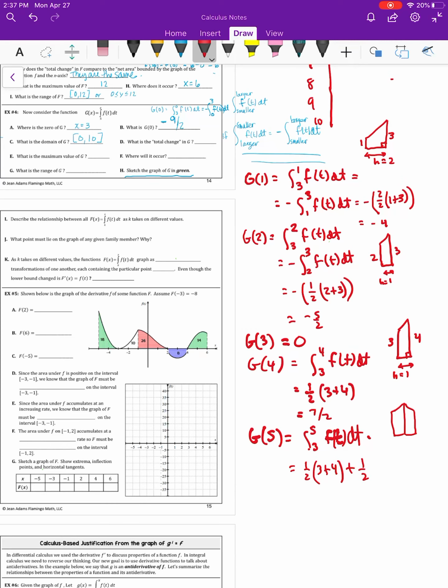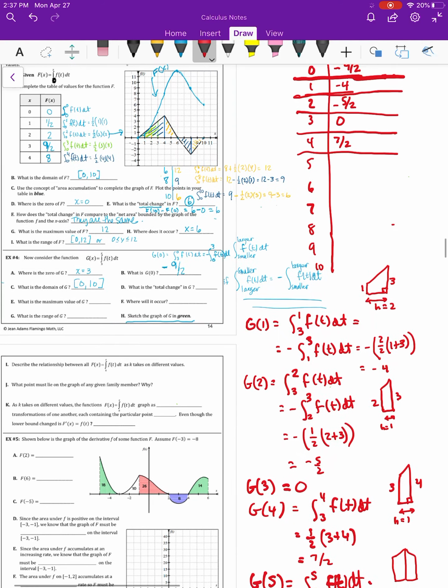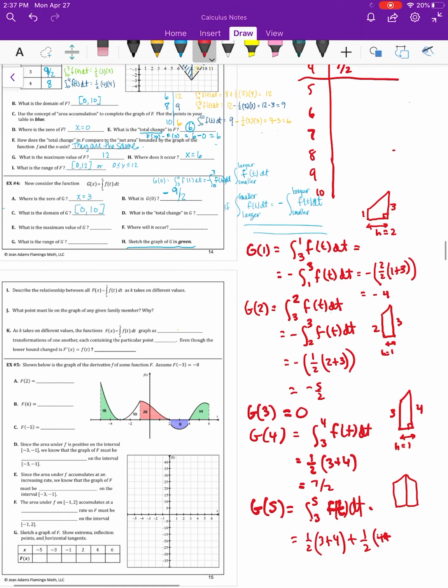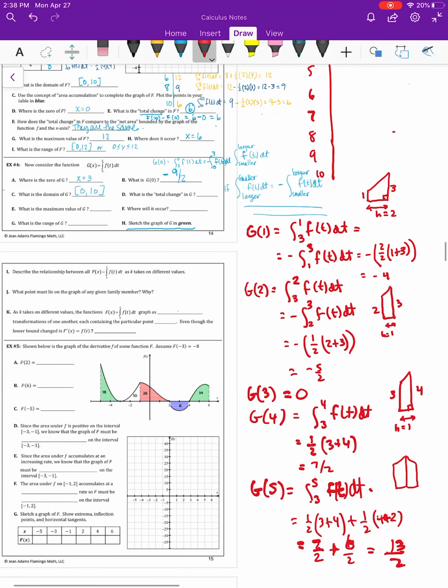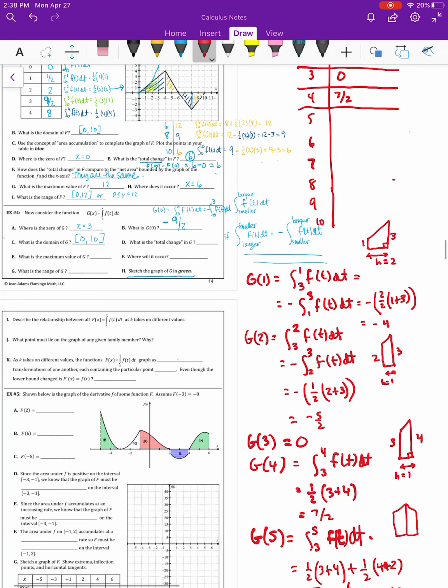And then plus 1/2 times 4 plus, and if we go up here at 5, we have 2, so that's 4 plus 2. So this is going to be 7/2 plus 6/2, I guess. I almost wrote a 3. That is going to be 13/2. So for g of 5, we would have 13/2.